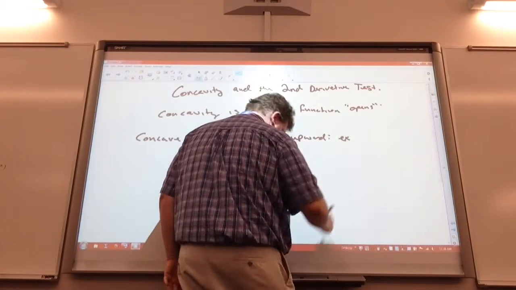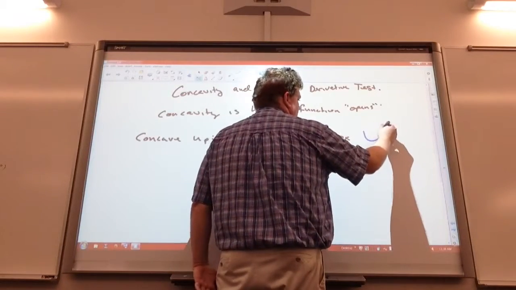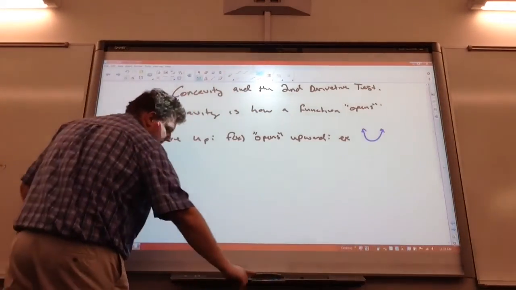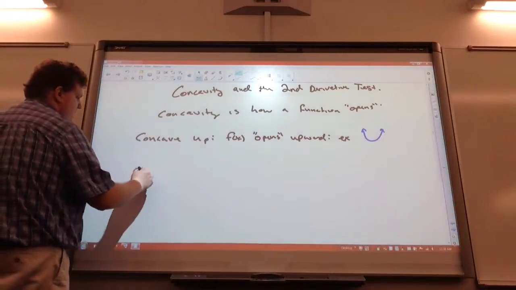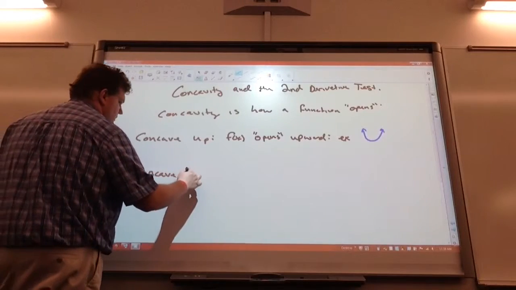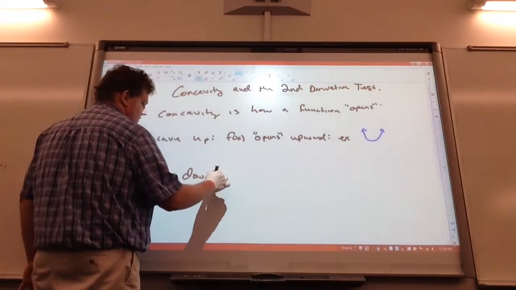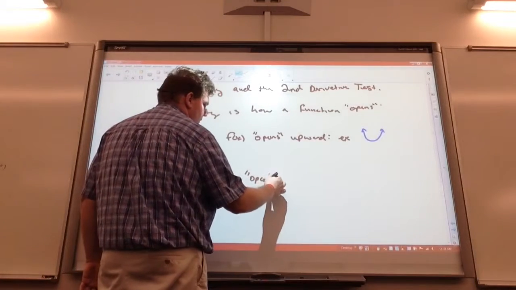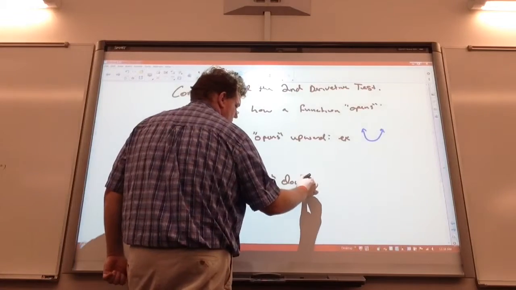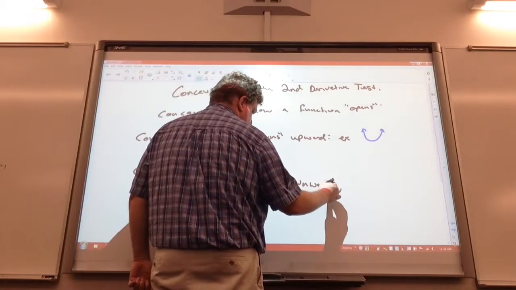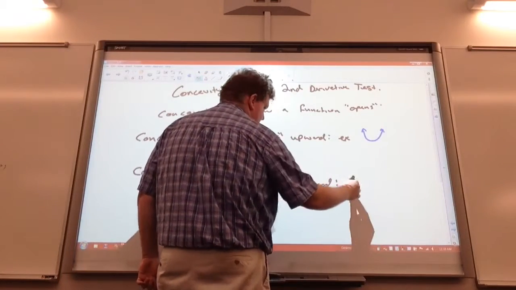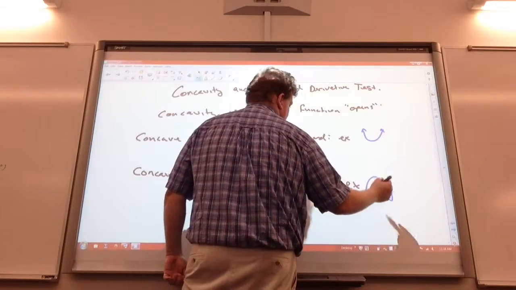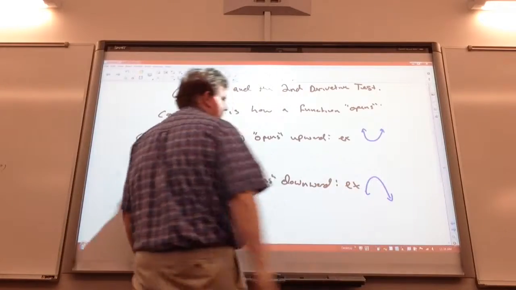An example of that might be something like this, that's concave up right there. Concave down, f of x opens downward. So the example: concave up, concave down.